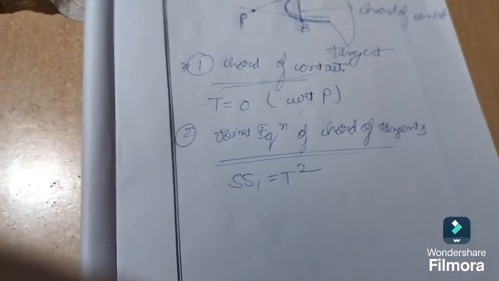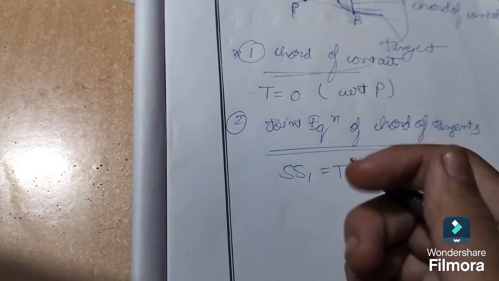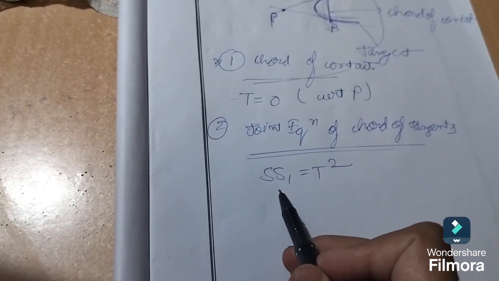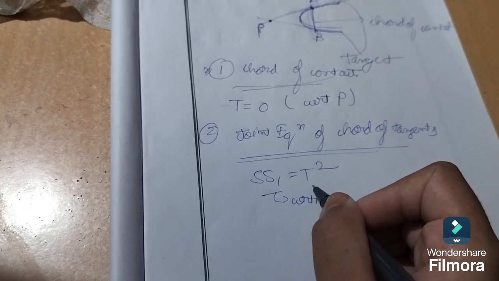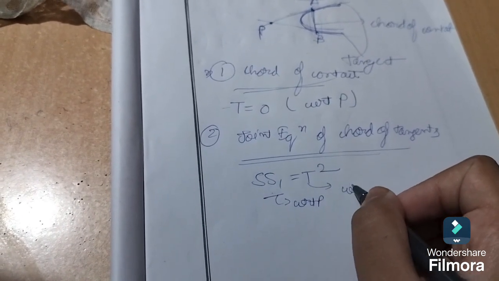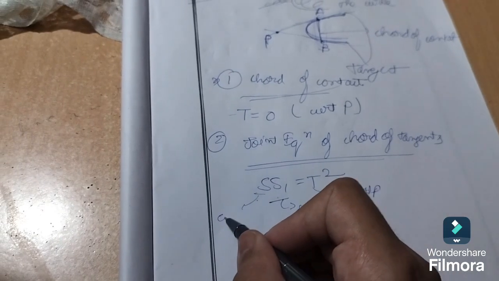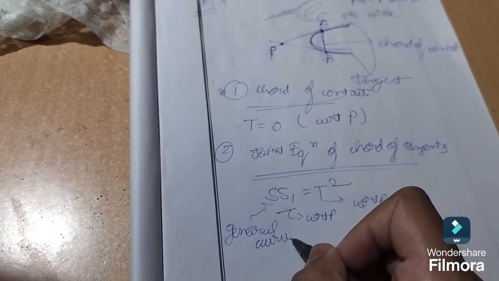Basically SS1 is equal to T square will be the expression. Now you need to understand SS1. I explained that S1 is with respect to P, and T is with respect to P, but this S is the general curve. Basically that is not with respect to P.